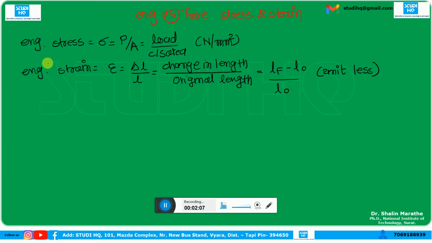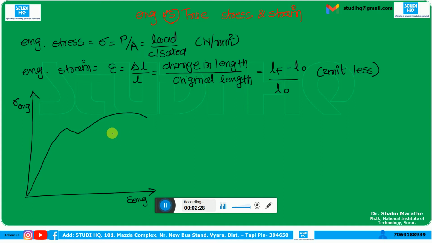So when we have gone through this curve, here we are calculating the engineering stress based upon this equation, where A is the original cross-section area.